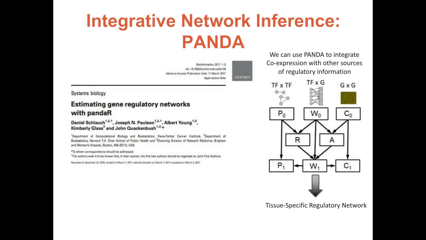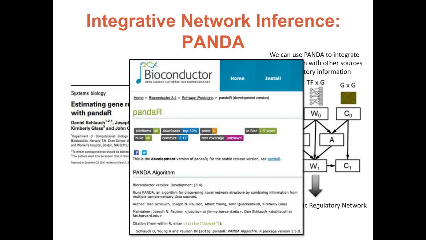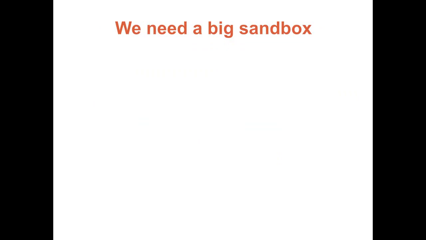I won't get into that today, but we had a number of various network approaches and methods that we wanted to analyze, that we wanted to tackle a lot of open questions with RNA-seq data. Here is the PANDA-R Bioconductor package, but we needed a big sandbox to actually play around with our methods and test a lot of our biological hypotheses, and see how well our methods worked on large data sets.